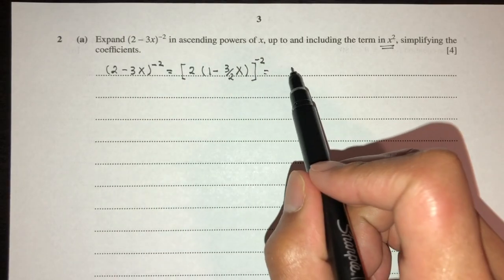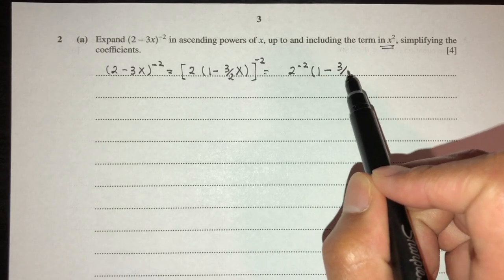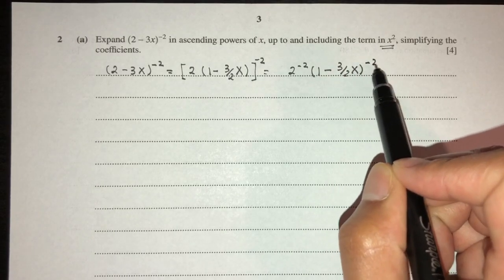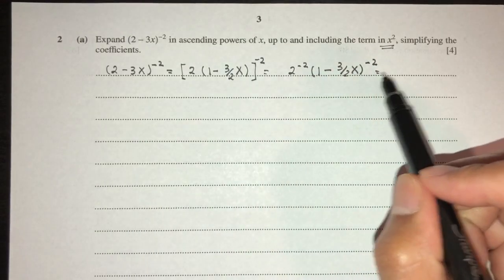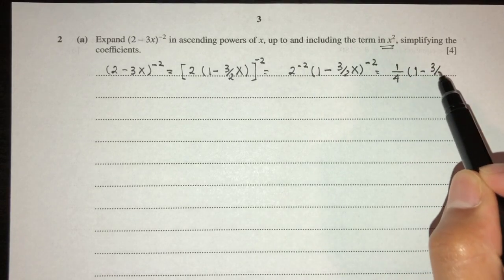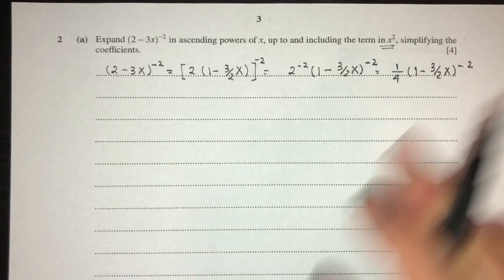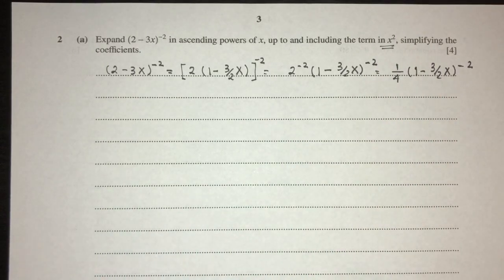Now simplify, let's bring this one in. You will have 2 power minus 2 times this, 1 minus 3 over 2 x power minus 2. Now this is equal to 1 over 4 times 1 minus 3 over 2 x power minus 2. Now we can simplify this. So let's write down the normal form of this expansion.